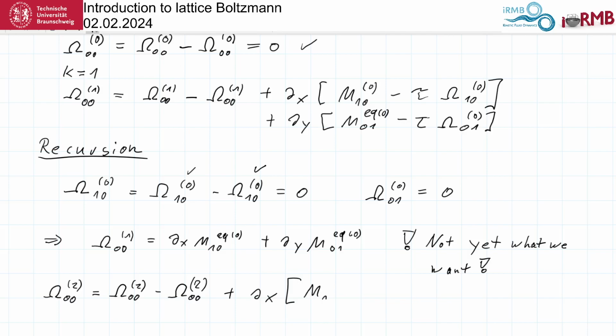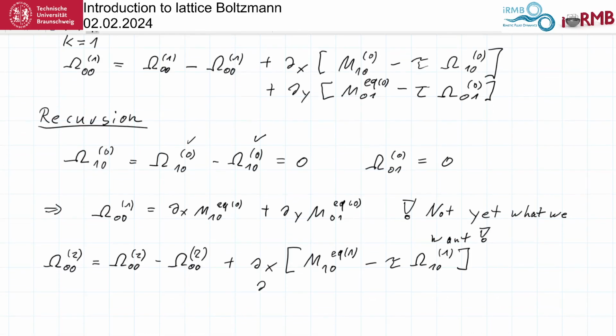So this comes now in the moment M10 equilibrium to first order, so that together they are second order, right? Minus tau omega 10 to first order. The same thing in the y direction, 0, 1 equilibrium first order minus tau omega 0, 1 first order.